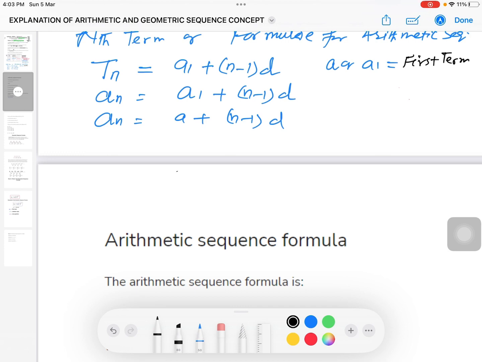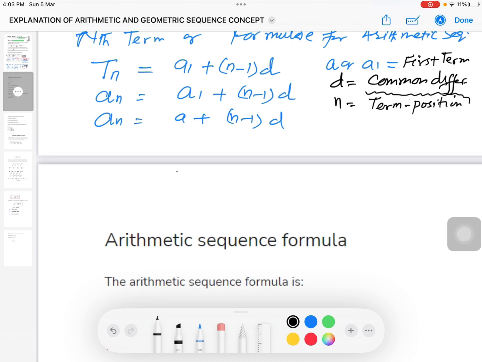What is d? d is the common difference. What is n? See, this n is basically the term position. I'll explain it later on.